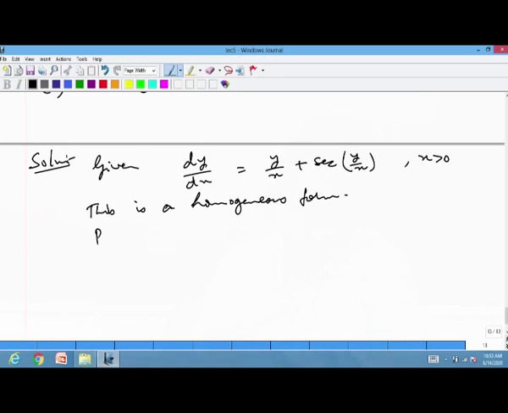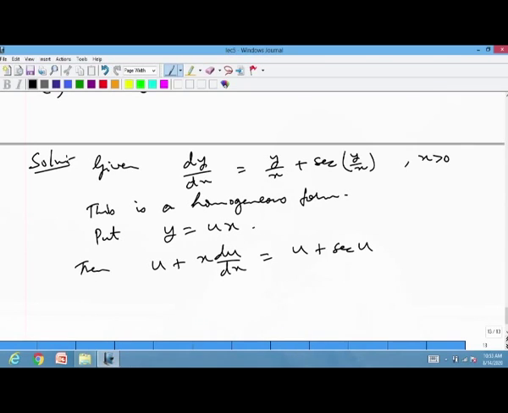So, we put y equal to u x, and then we know that dy dx will be u plus x du dx, equal to the right hand side, y by x is u, plus secant of u.